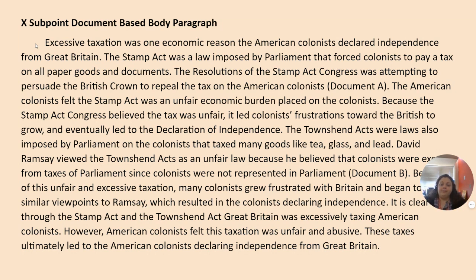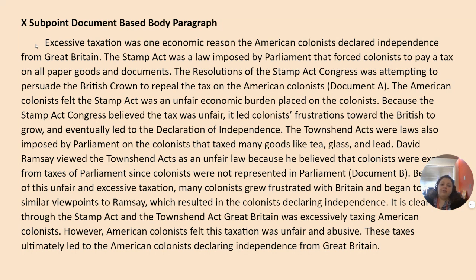So let's announce the document, which was the Stamp Act. The Stamp Act was a law imposed by Parliament that forced colonists to pay a tax on all paper goods and documents. So even just a definition of the Stamp Act, something that tells me you're going to analyze this document.